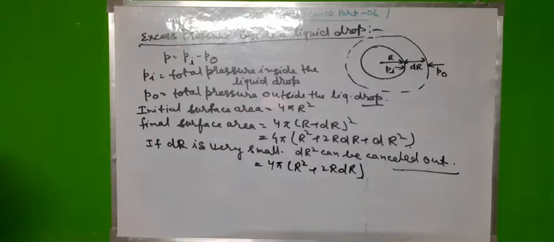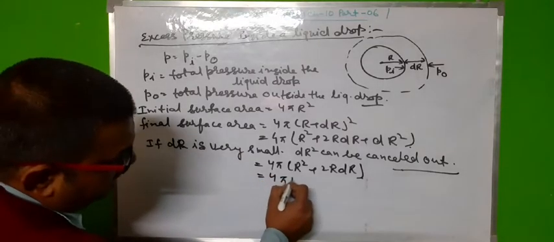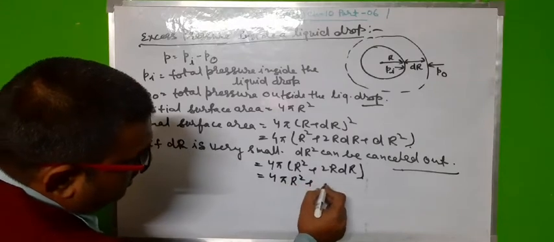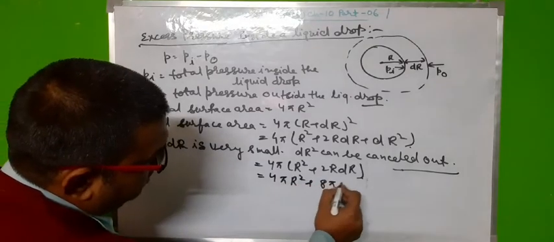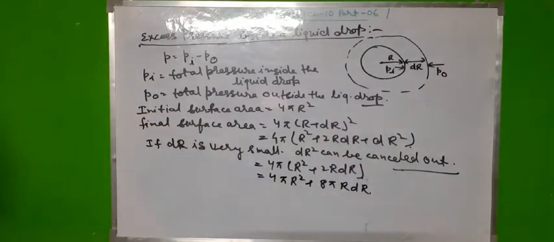4 pi r square plus 2r dr, and it can be written as 4 pi r square plus 8 pi r dr. This is the final surface area.